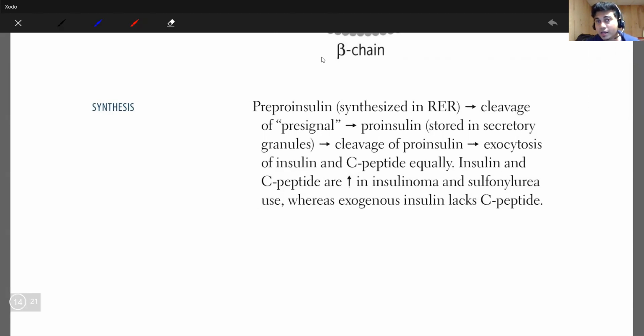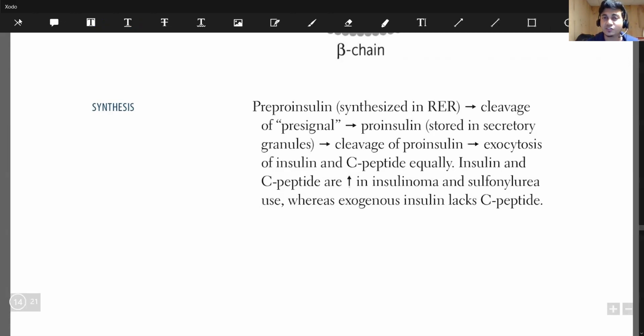Now, this sulfonylurea, when it stimulates the beta cell to secrete insulin, there will be release of insulin along with the C-peptide. But sometimes in your question, you might find a scenario where you suspect someone of abusing insulin medication.